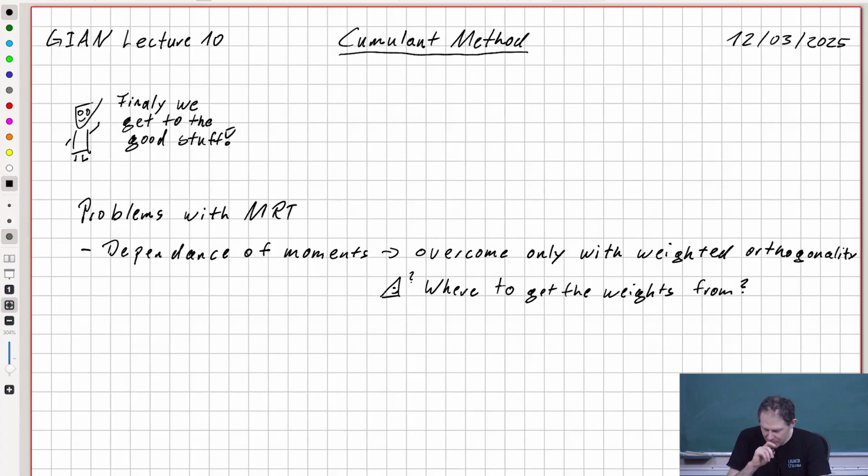Then there is another problem that we've not discussed in this detail, but that was a little bit the subject of yesterday's hackathon, namely that the moments are defined in an Eulerian frame. So all the moments are defined in a lab frame, and now the question, of course, is what does this mean for the Galilean invariance of the model?